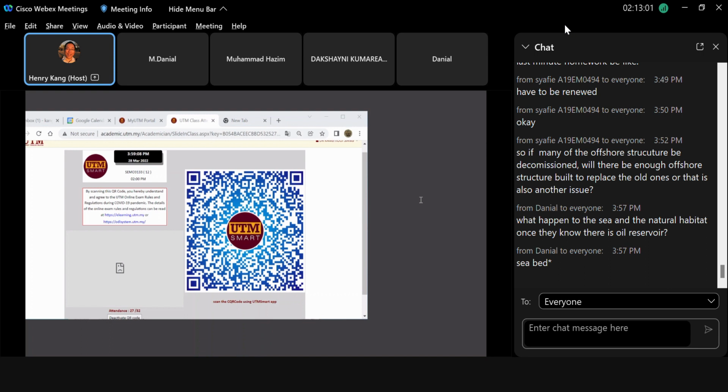Maybe they will have some activity to relocate the sea coral, if they want to make something. Otherwise, nobody knows. But definitely they need to fulfill some of the requirements of the so-called environmental policy.